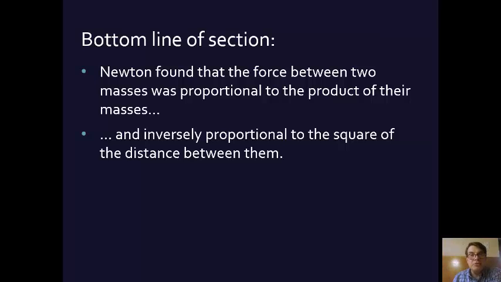Well, how do we put that into formulaic terms? This is Newton's universal law of gravitation, that the force of gravitation is equal to a constant. This is the way people used to come up with formulas.